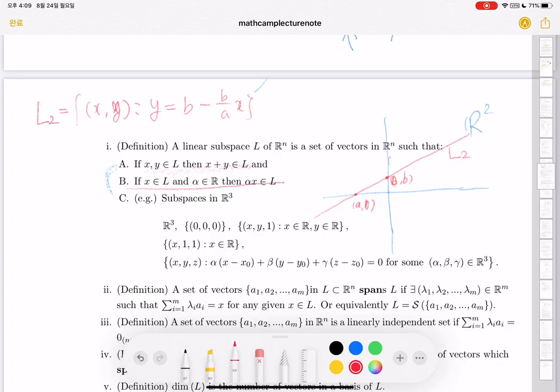It turned out no, because consider this vector x. Here's vector x, and here's vector y. Then vector x plus vector y is here, the sum of these two.